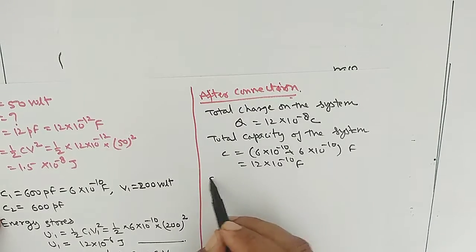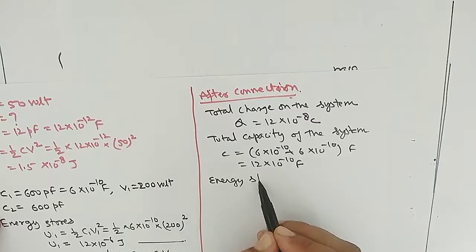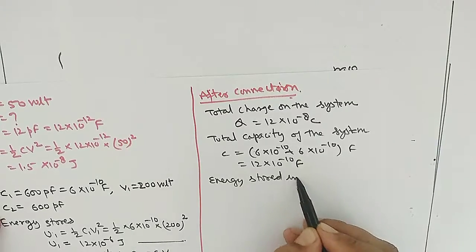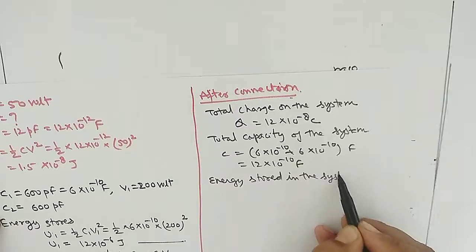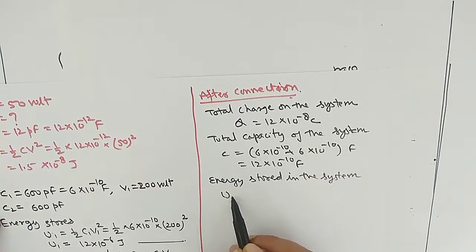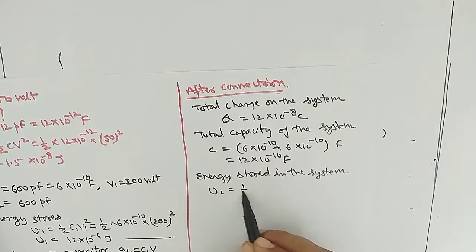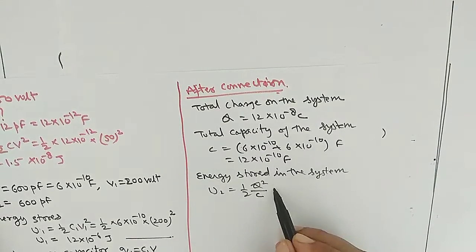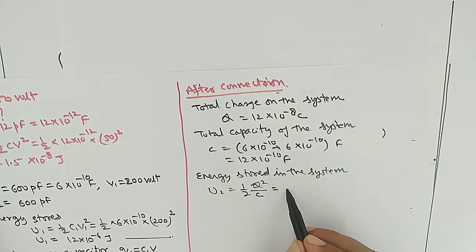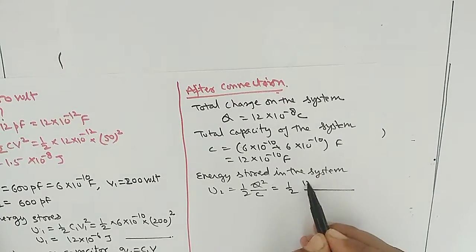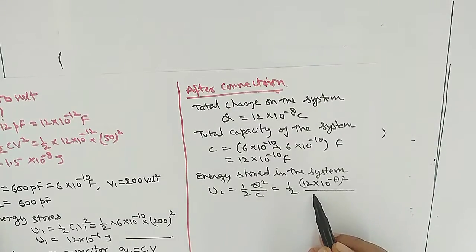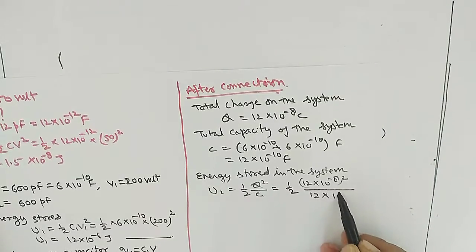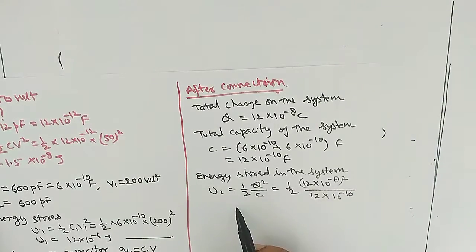Now see what is the energy stored in the system, U2. In this situation it is half Q square upon C. Use this formula. So half, Q is 12 into 10 to power minus 8, squared, and C is 12 into 10 to power minus 10. Solve it, and you will find 6 into 10 to power minus 6 joule.